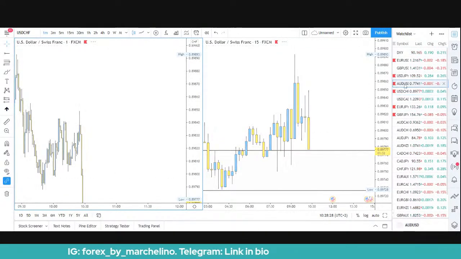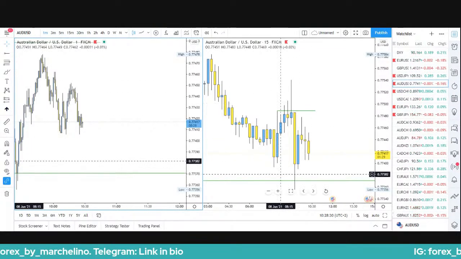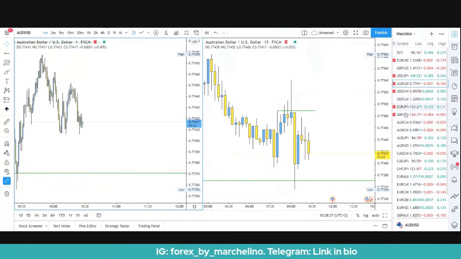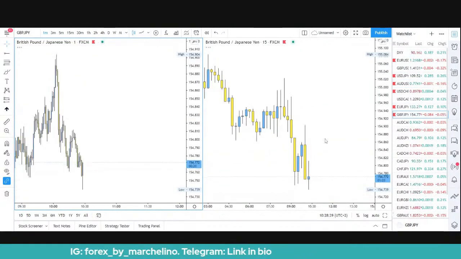Oh, USD CHF is doing that. AUD is going down, so that's kind of contradictory to what exactly is happening. Let me check GBP JPY.